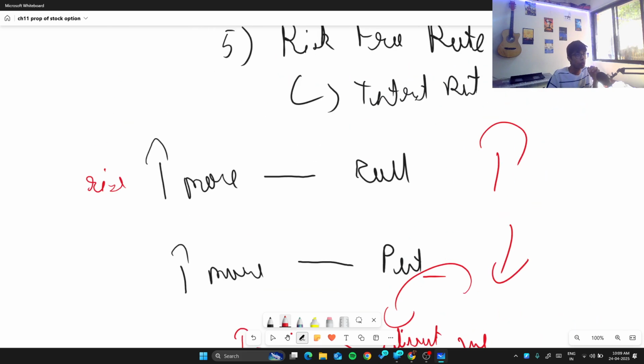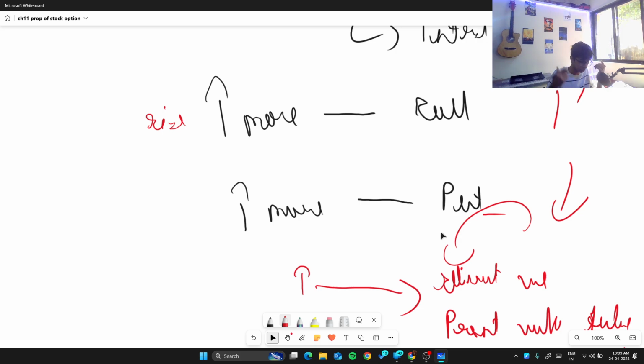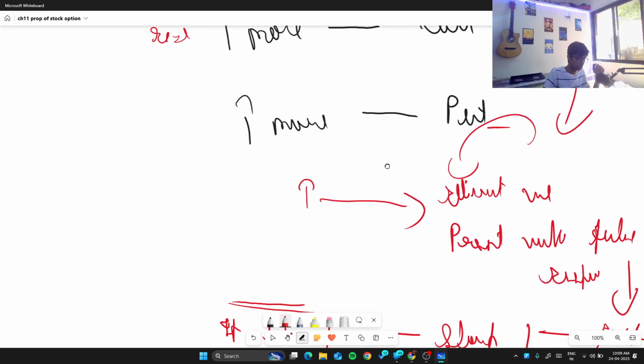It's all about discounting and the present value. If the interest rate increases, the expectation will also increase. That's why the call price will increase. And if the interest rate increases, the discounting of future cash flow to present value will decrease, and the profit would be less because of the time value of money. That's why the put price will decrease.